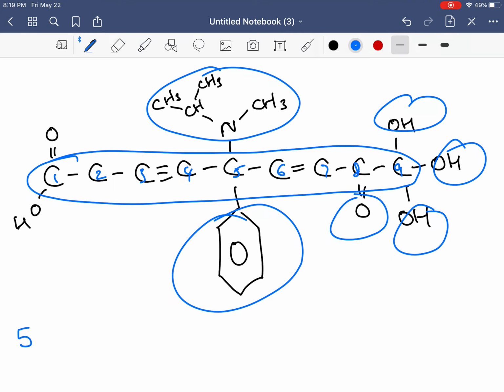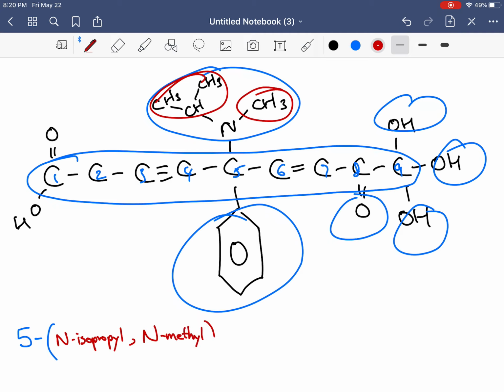Well, again, at number 5 position, you have some sort of amino group with a whole bunch of things. Oh my goodness. You have a methyl, you have an isopropyl. Well, isopropyl comes first, right? So N-isopropyl, comma, not dash, but comma, okay? N-methyl.